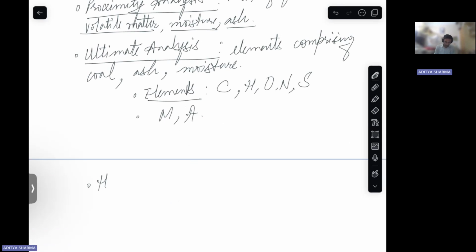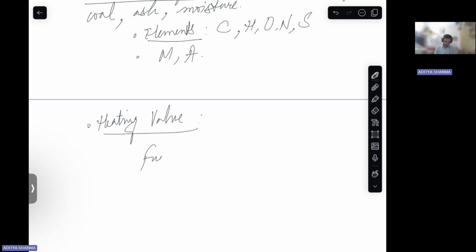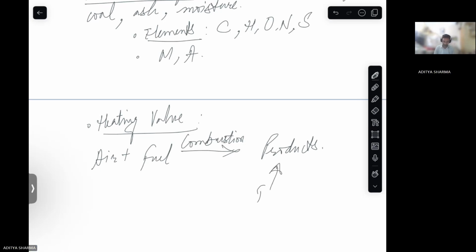Then is the concept of heating value. So what is that? We have some fuel, let's say, and after combustion, it will have air plus fuel products. These products will have some temperature after combustion.